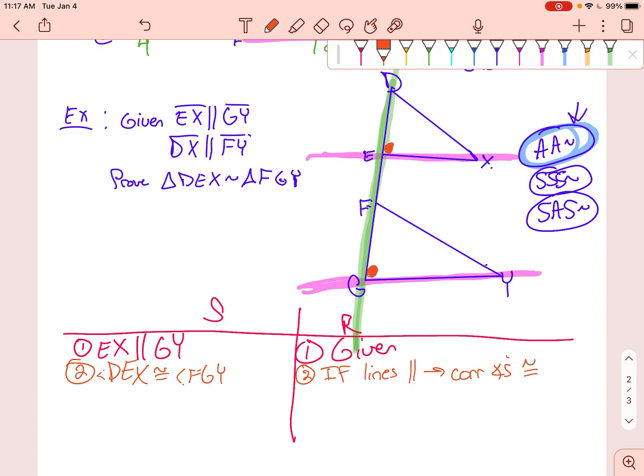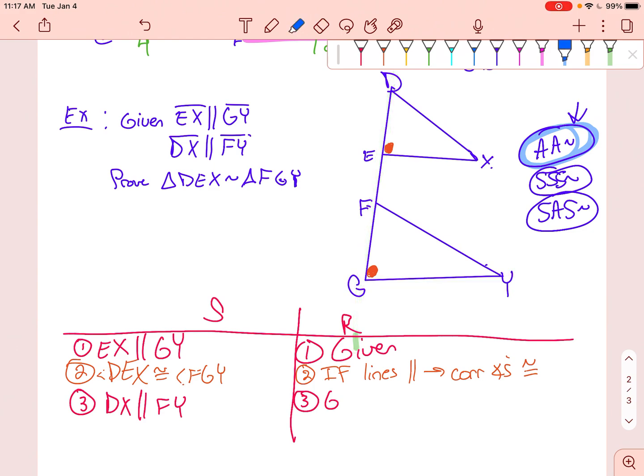Okay, so I've identified those corresponding angles from that given piece of information, and I'm going to write the next given piece of information. So they're telling me that DX is parallel to FY. And again, that's given. I'm going to come back and trace that. I'm going to erase my pink and my green, and DX right here is parallel with FY.